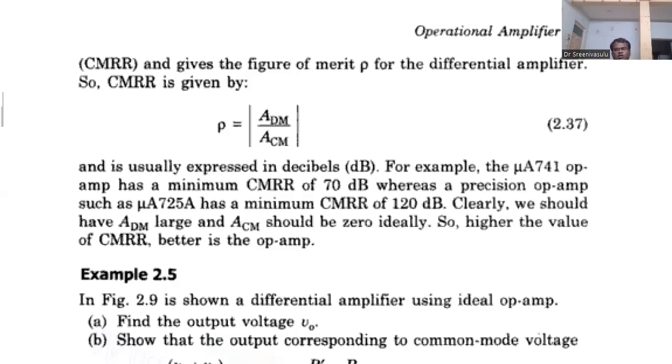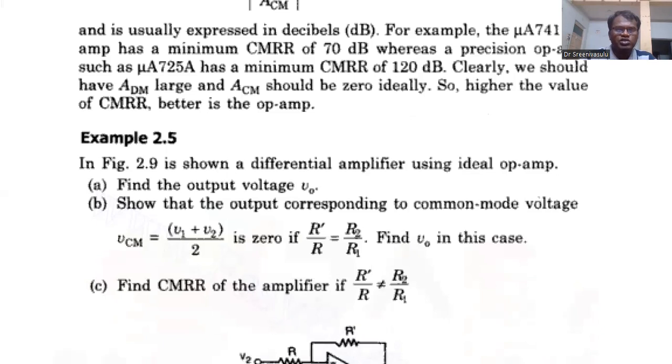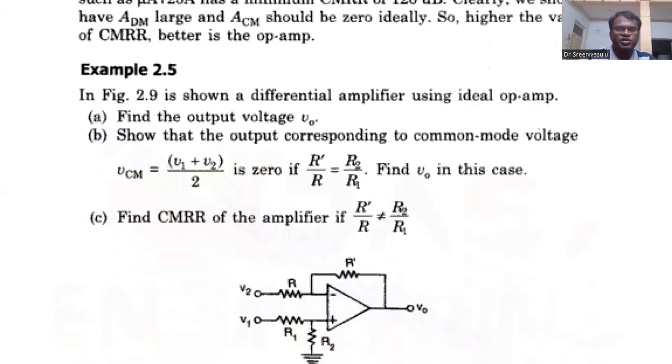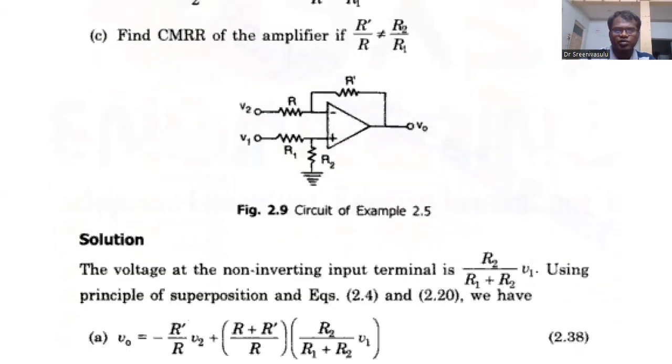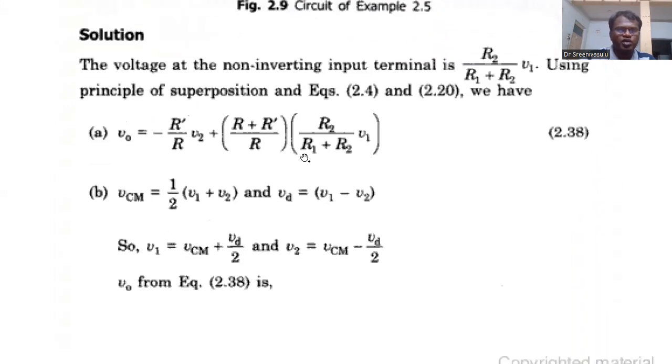Usually, for the general 741 IC op-amp, the common mode rejection ratio is some 70 dB. That is a very high common mode rejection ratio value for a general op-amp. Now see one simple problem here for calculating the difference mode gain or common mode gain.